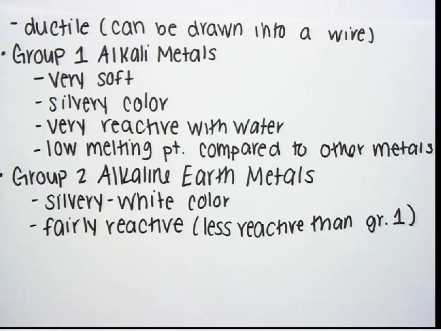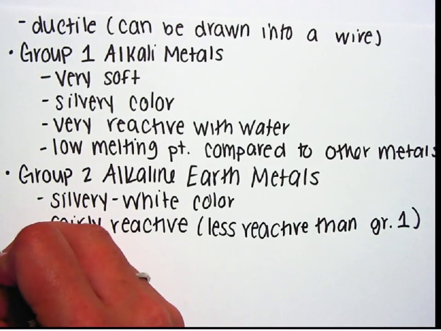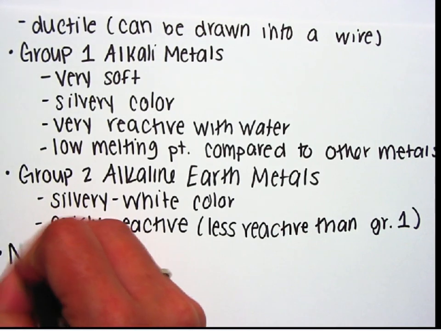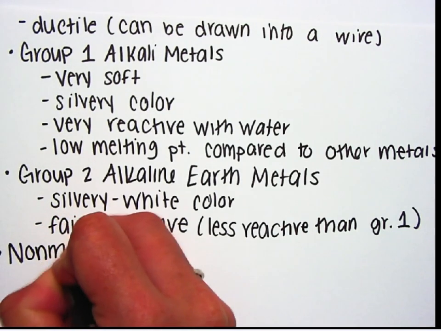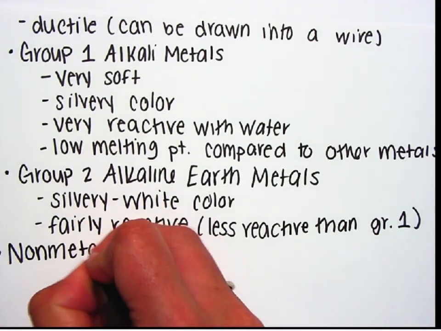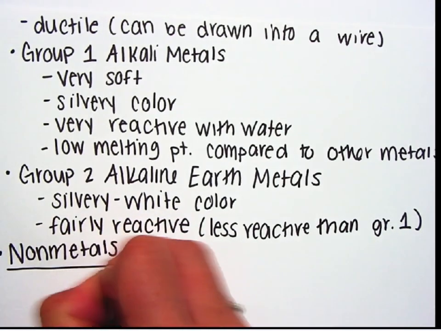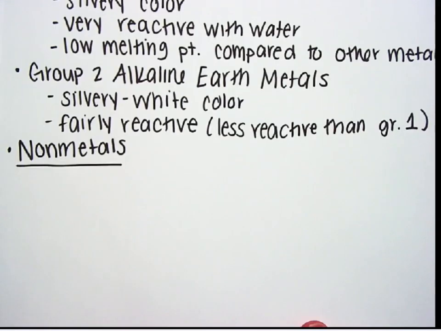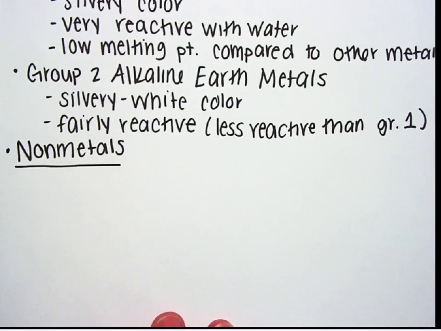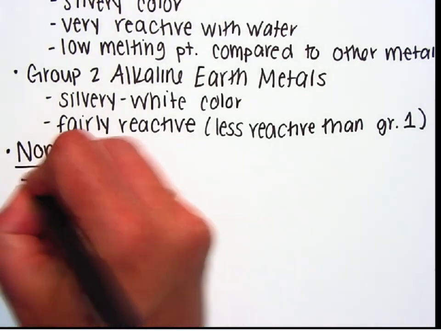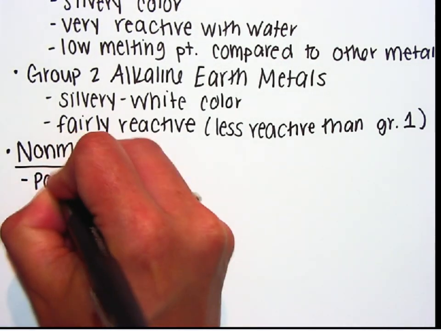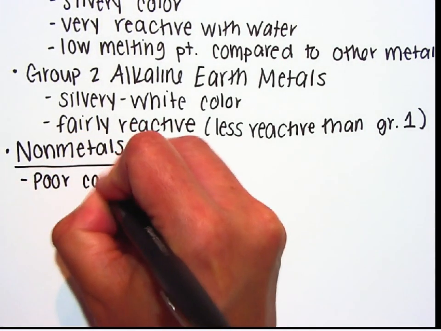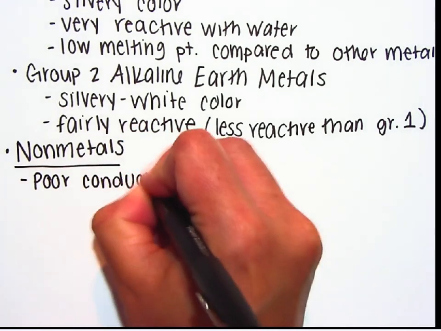All right, let's move on to nonmetals. Nonmetals have all opposite properties than metals. So metals are good conductors of heat and electricity. Nonmetals are poor conductors.